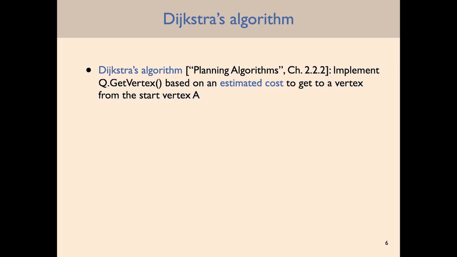Dijkstra's algorithm is going to use an estimated cost to get to some vertex, which we're going to call x, from the starting vertex A. That estimated cost is what we use to prioritize which vertex to pull out of the queue to explore. We'll get into the details of that.